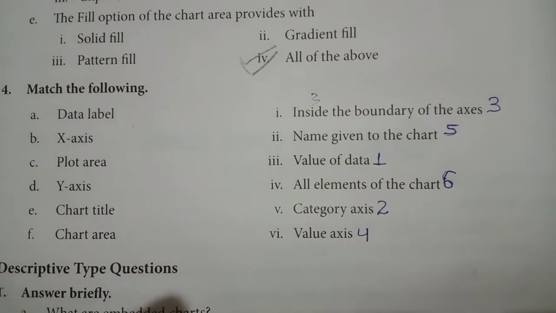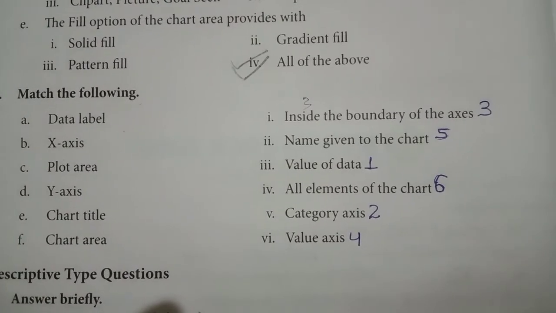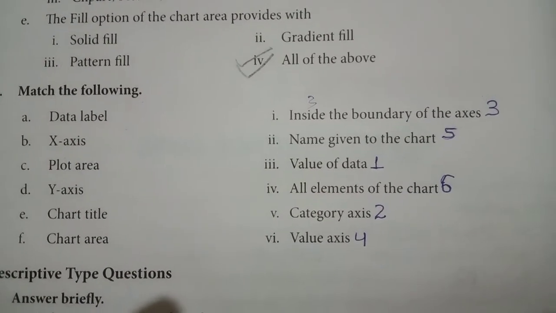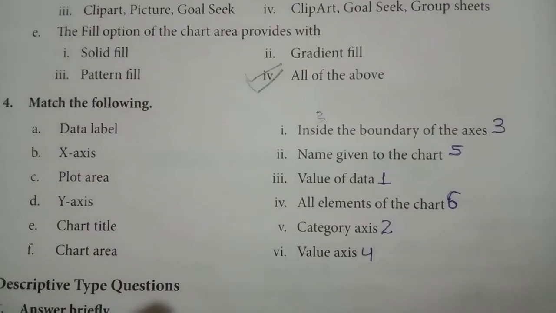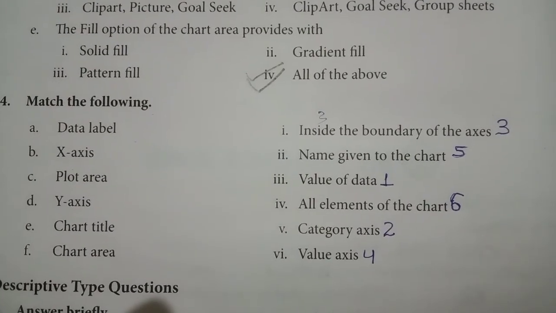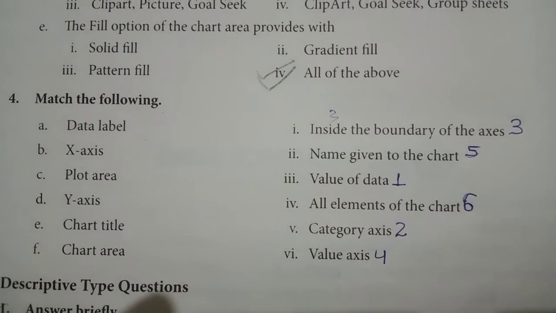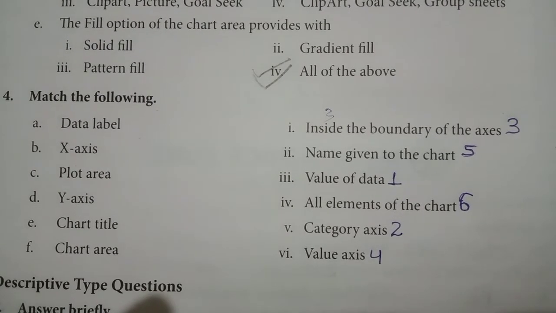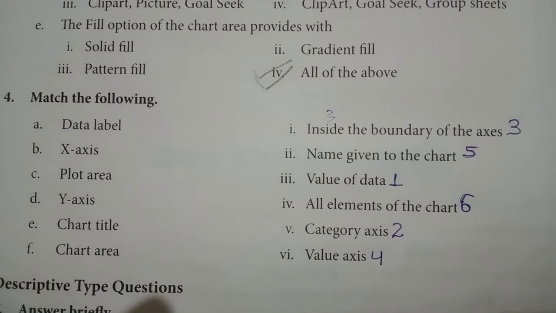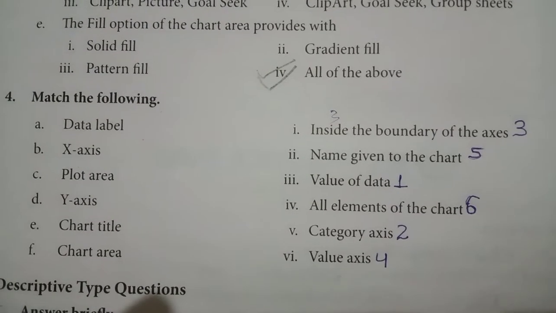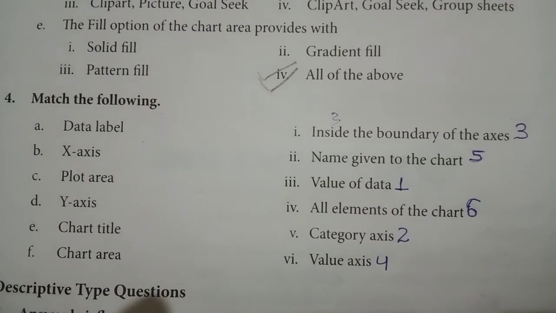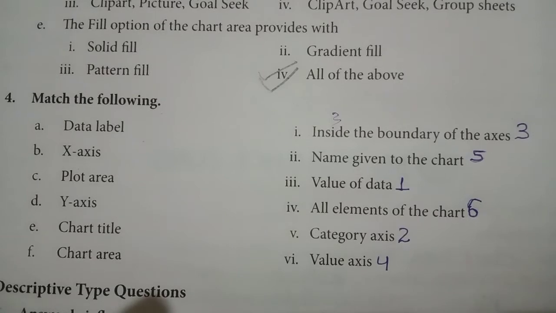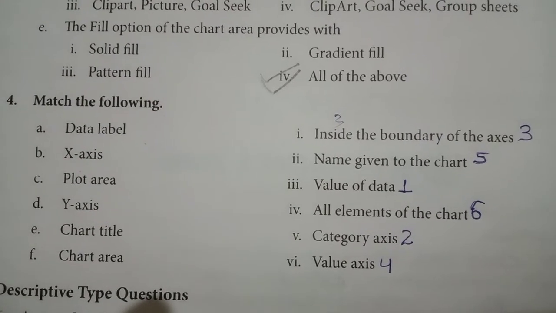The matchups are here. The first one, data label. The answer is value of data. And the x-axis is what? Category axis. X-axis is also called category axis. Plot area.